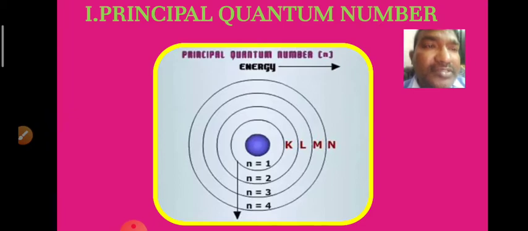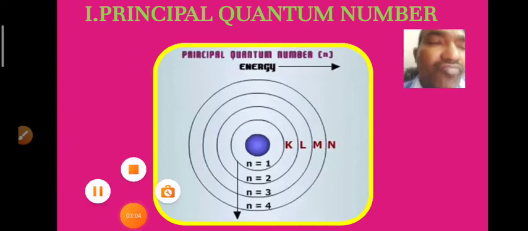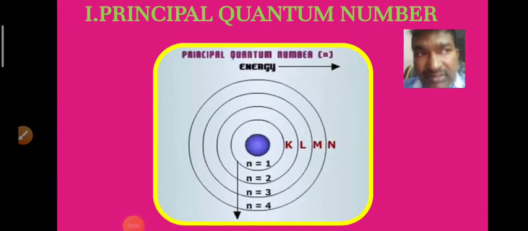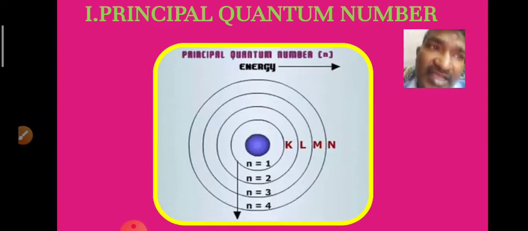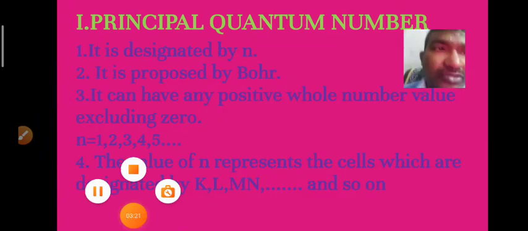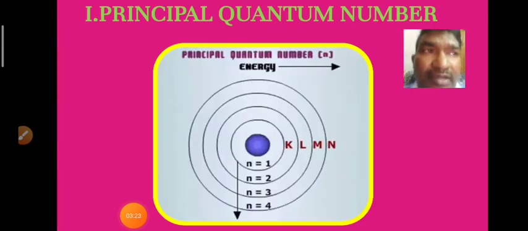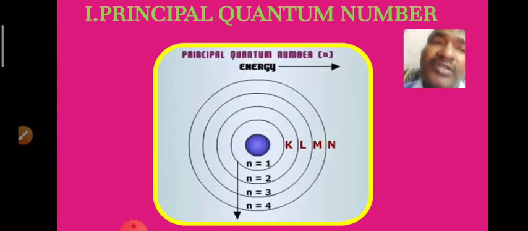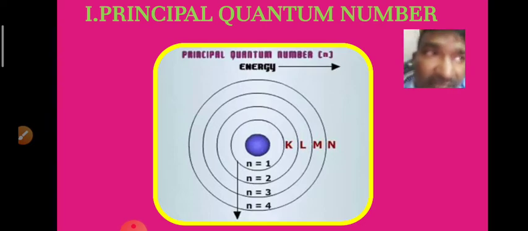In this picture we can get a clear idea of how these main energy levels or shells are designated. n equal to 1 shell is designated with K, n equal to 2 with L, n equal to 3 with M, n equal to 4 with N. Like that we proceed. There is no limit for the number of main energy levels. We may expect many main energy levels or shells around the nucleus.